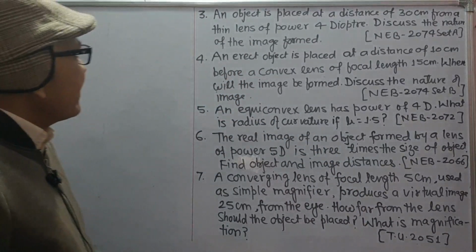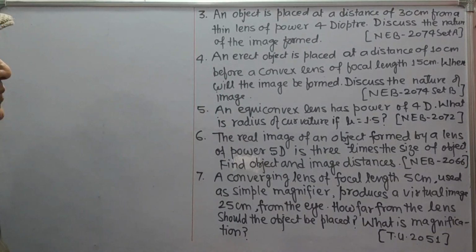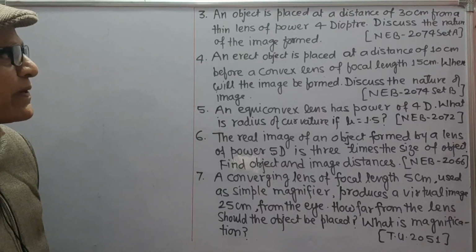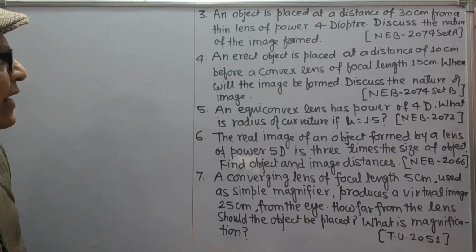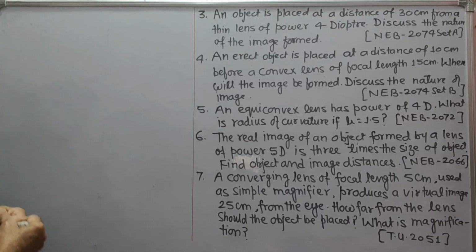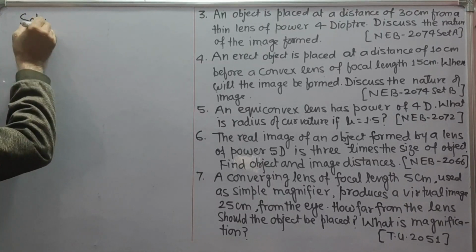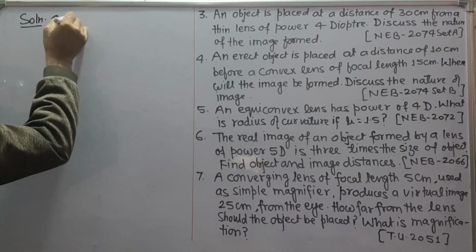Next, question number 3. The question is, an object is placed at a distance of 30 cm from a thin lens of power 4 diopter. Discuss the nature of the image formed. Solution. Question 3.